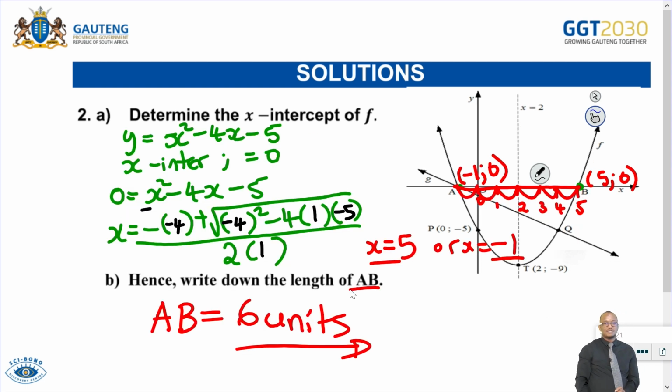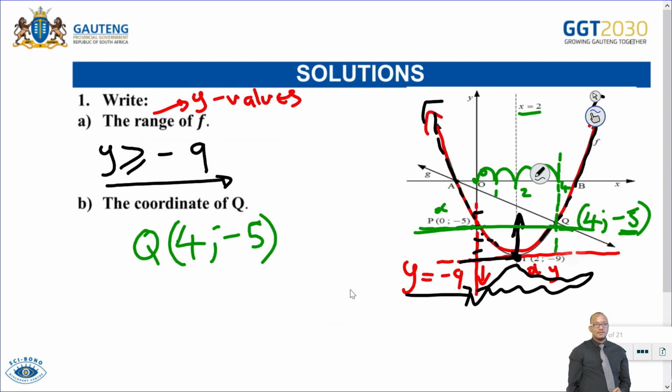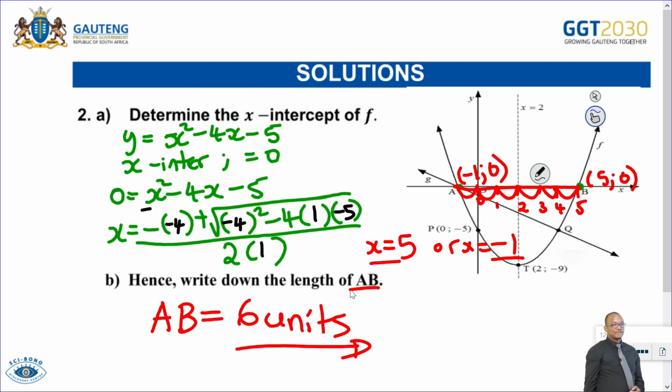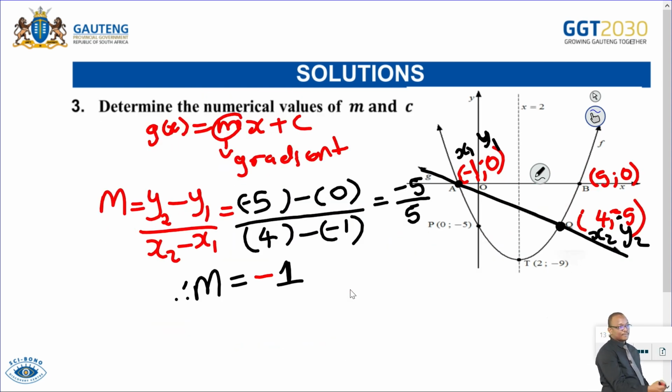We can still double check that from the question where we determine the coordinate of Q. We said x is 4, y is negative 5. So here, our coordinate is 4 and negative 5.